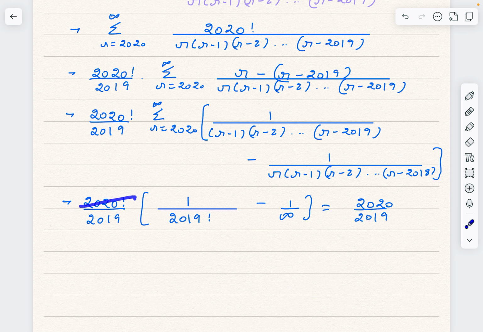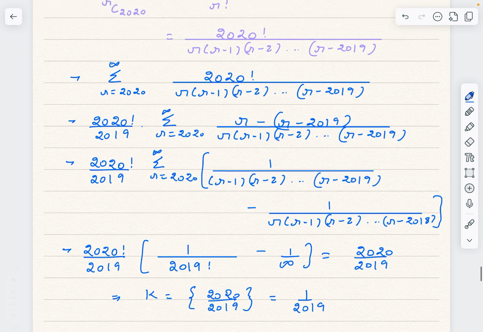This 2020 factorial by 2019 factorial, you get 2020. Now k is the fractional part of that, 2020 by 2019. So it'll just be 1 by 2019.